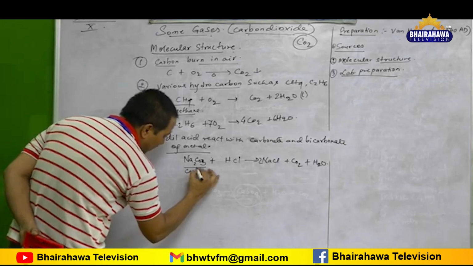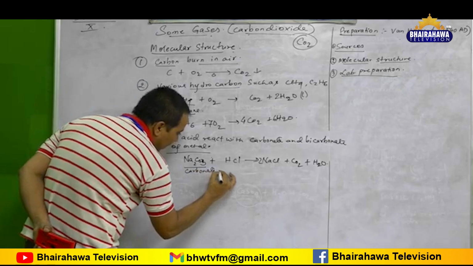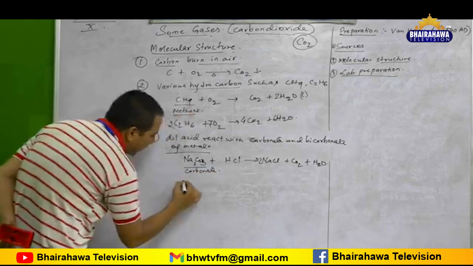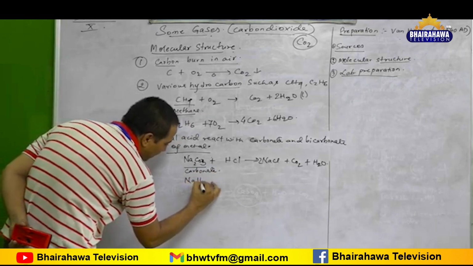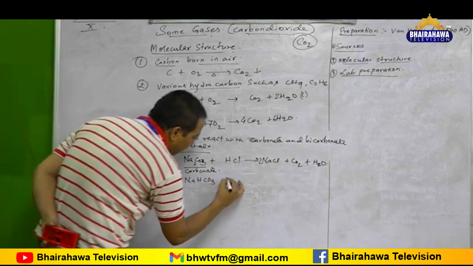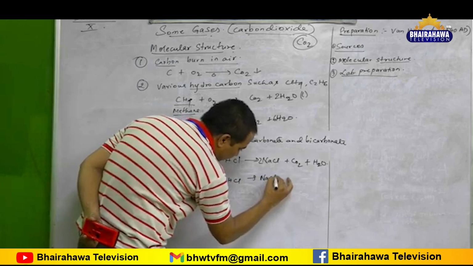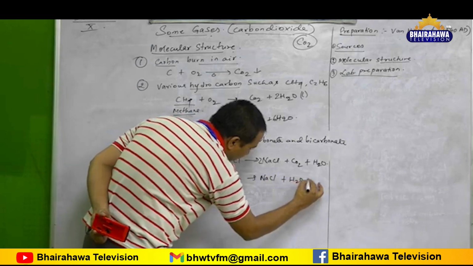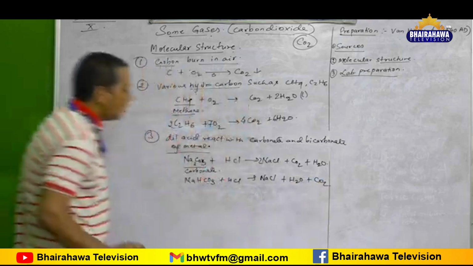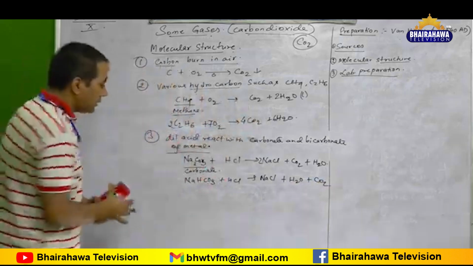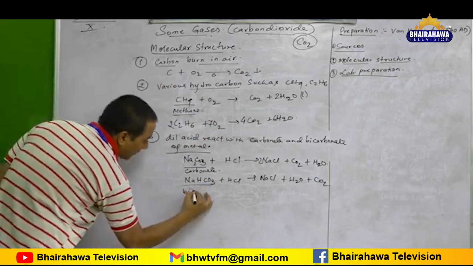This is the example of a carbonate, that is sodium carbonate. Let us take another example, sodium bicarbonate. Then what does it form? NaCl plus H2O plus CO2. So, this is the bicarbonate.